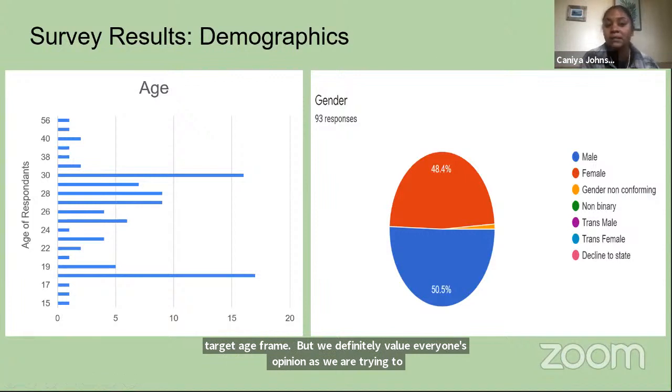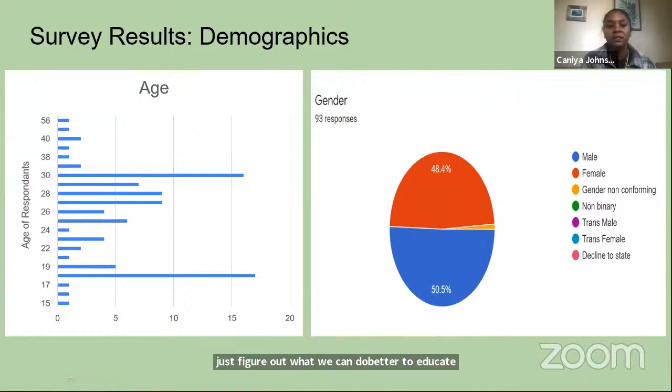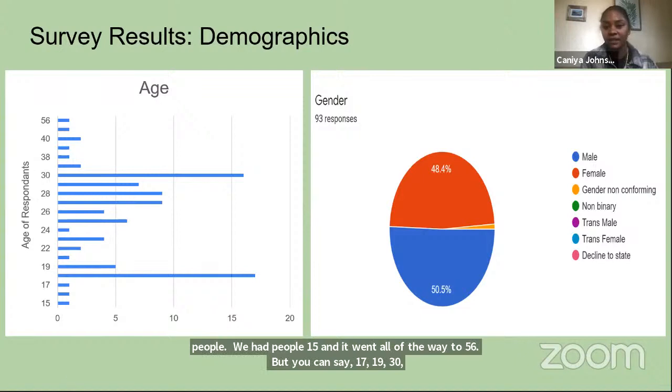We had some people 15 and it went all the way to 56, but as you can see, 17, 19, 30, 28, 26 are all very high numbers for us. So we're getting very accurate data.